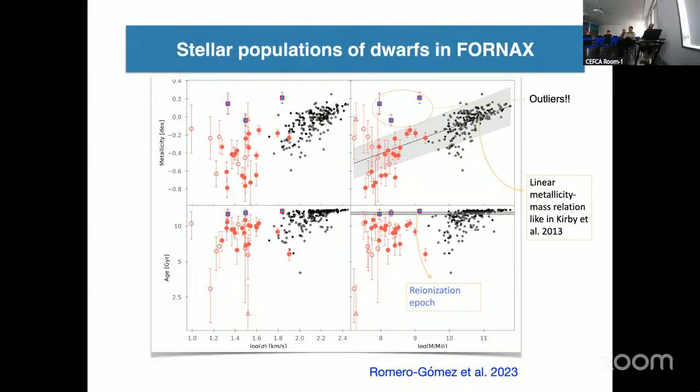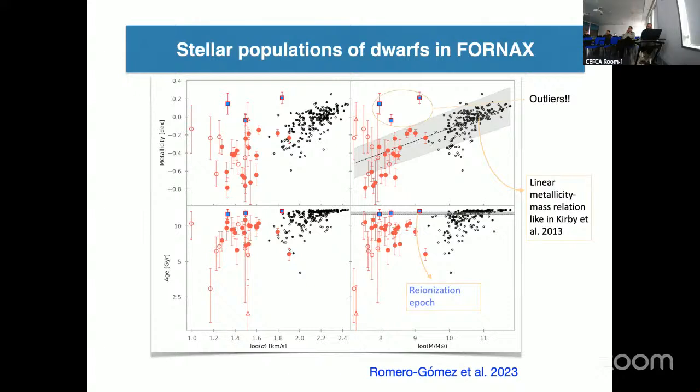So you can see, for example, in the age, that most of the galaxies from Atlas 3D are very old, more than 10 years. But in contrary, the dwarf galaxies, the ages are a little bit smaller. Only 3 galaxies from the Fornax are equivalent to the very massive ellipticals in the Atlas.